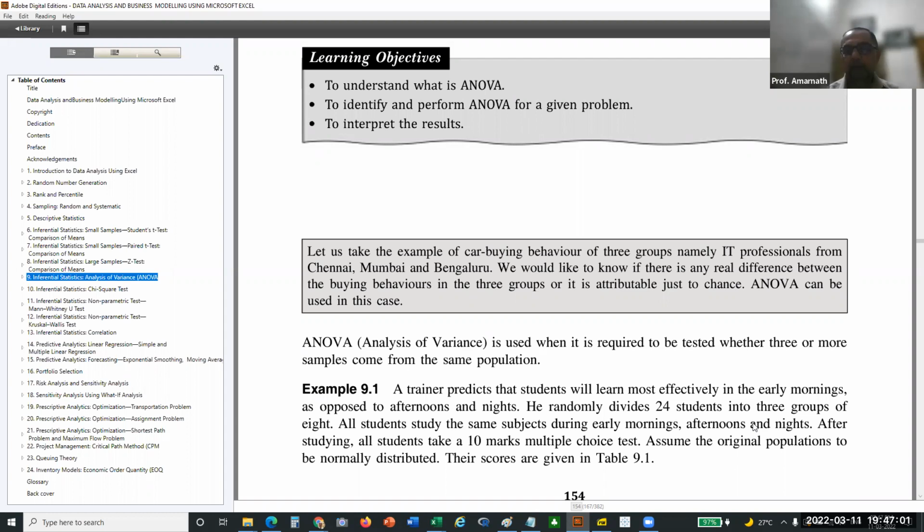We had to find out the consumer behavior of car buying, so we used stratified sampling in that case.